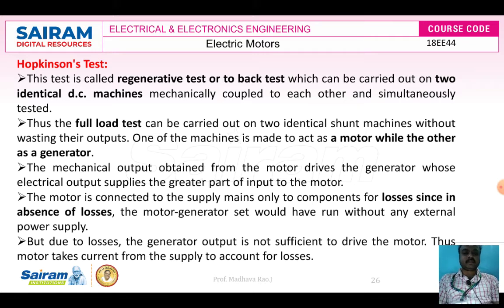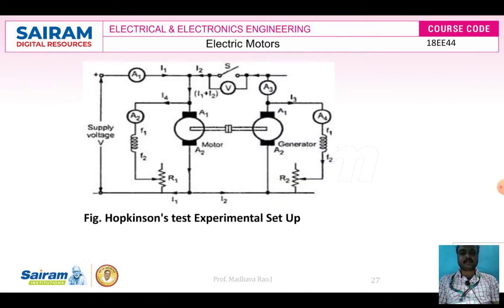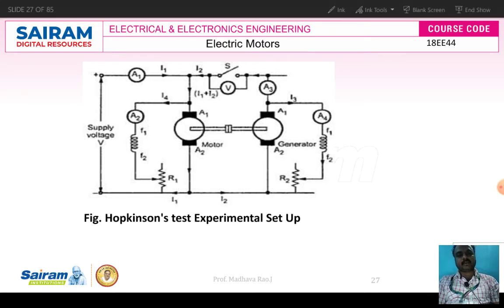So now we will see the experimental setup of Hopkinson test. So this is the experimental setup. We can observe in this setup how motor and generator are connected. Motor and generator both are coupled back to back, and here we can observe field winding connections.